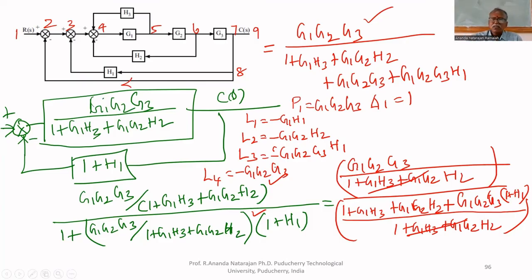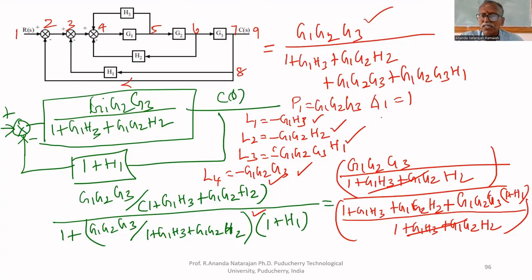Yes, we got. To check: G1, H3, first loop. G1, H3 we got. G1, G2, H2 we got. G1, G2, G3 we got. G1, G2, G3, H1 we got. Yes, all we got.